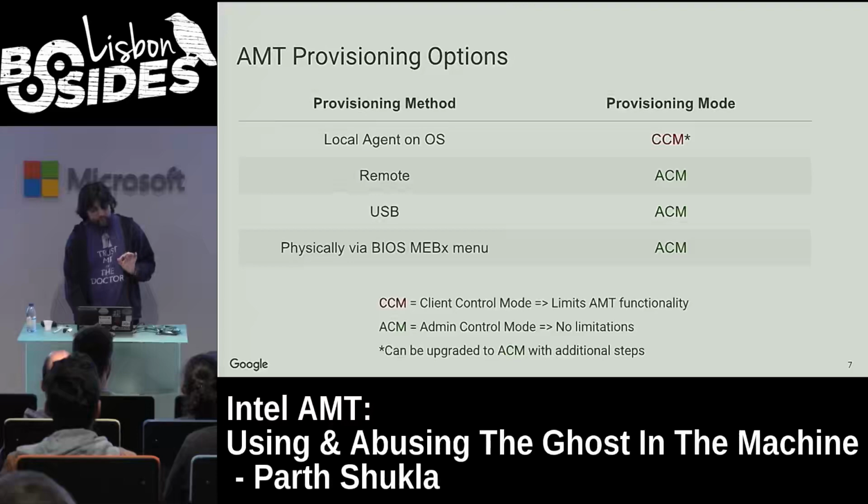The second option, the remote option, requires pre-setup at factory or via USB to be enabled. In that case, what happens is AMT will send hello packets on AMT LAN for up to 6 hours after first boot. The very first time a machine is turned on, for up to 6 hours, it will send hello packets. Then it will turn off.